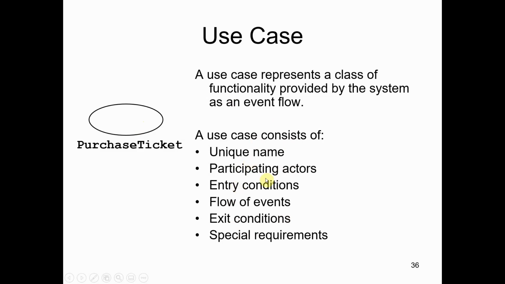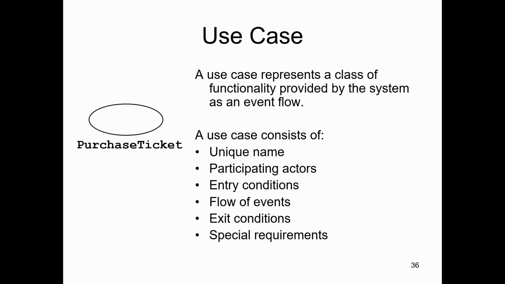In here, the flow of events is the meat of the use case. It tells what actually happens. The entry condition is the initial condition, like when you declare an object, you give the initial value of an instance variable.